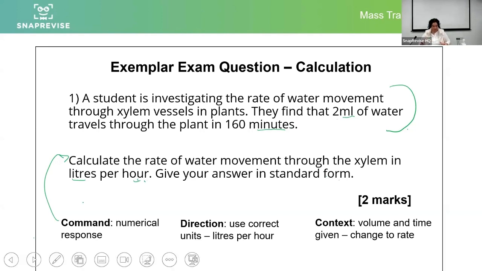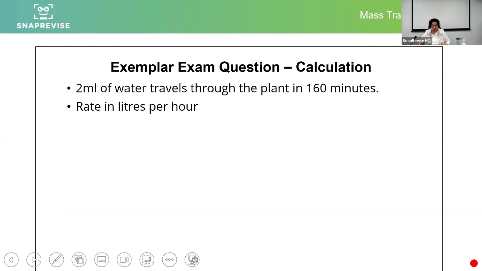Okay, so let's first of all do the conversions of the units before we calculate the rate. We have mL that we have to convert to liters first. So how will we convert 2 mL into liters?